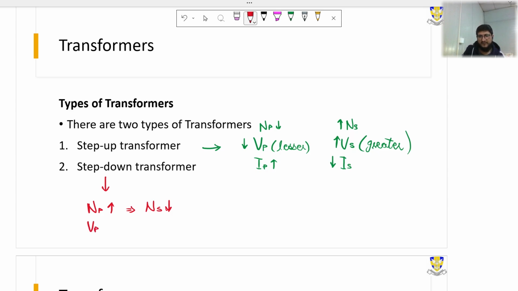So EMF across the primary coil is more as compared to the EMF across your secondary coil. Okay. And when you talk about the current, the current across the primary coil is lesser as compared to the current across your secondary. Okay, so the current across the secondary coil is more.